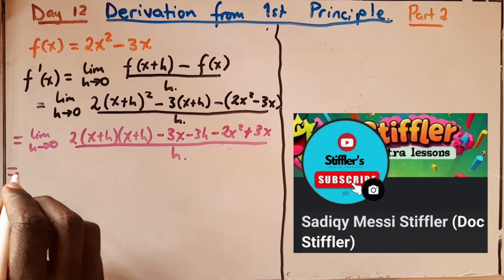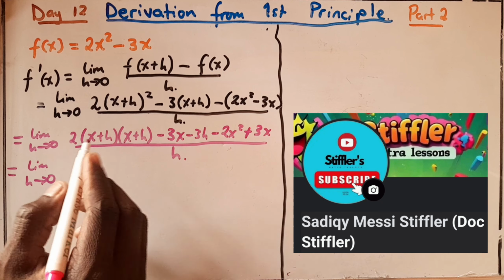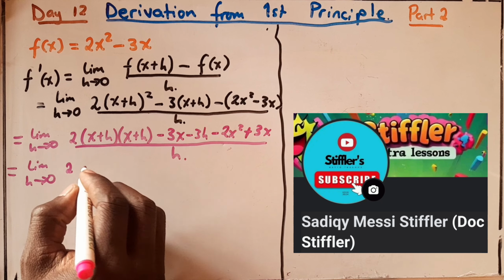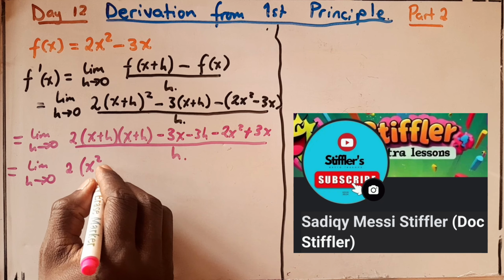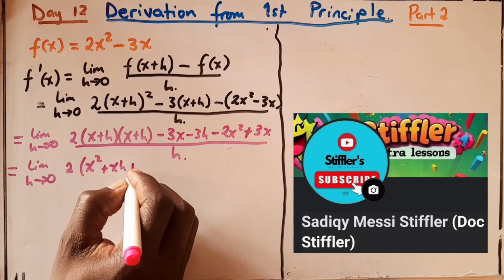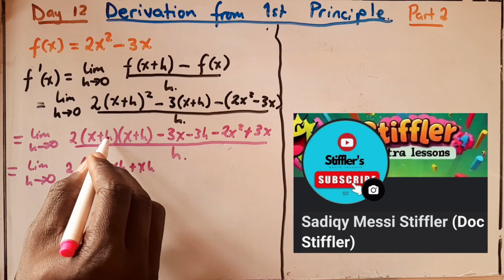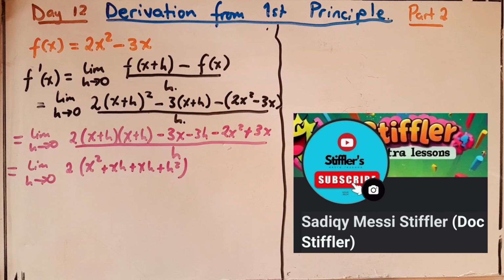So this is again the limit when h tends to 0. So this would be 2, this multiplied by that, that's x squared. This multiplied by that, that's xh. This multiplied by this, that's again xh. And then this multiplied by that, that's h squared.